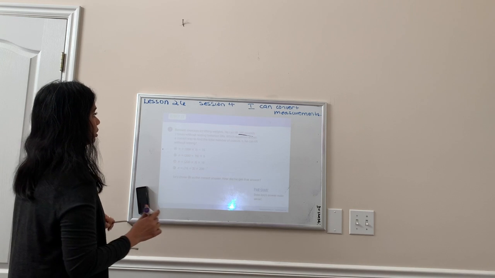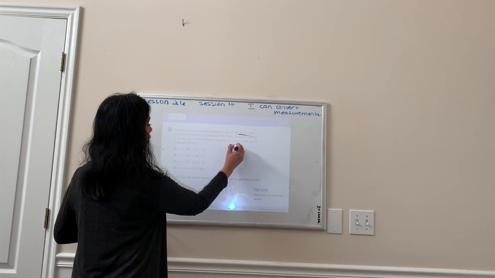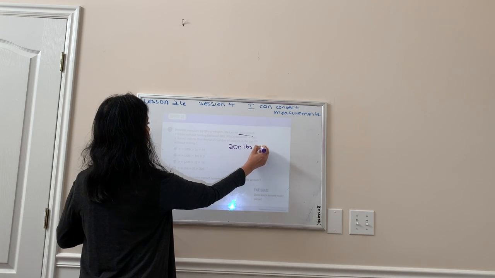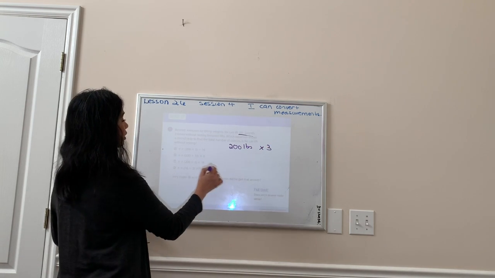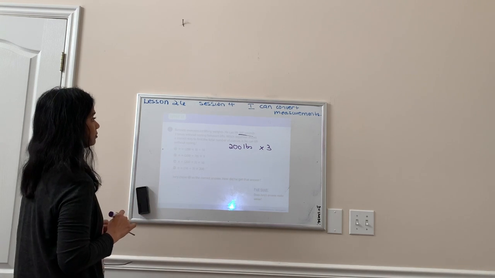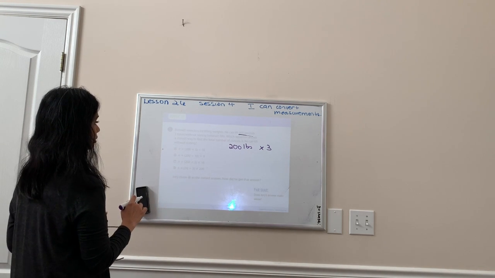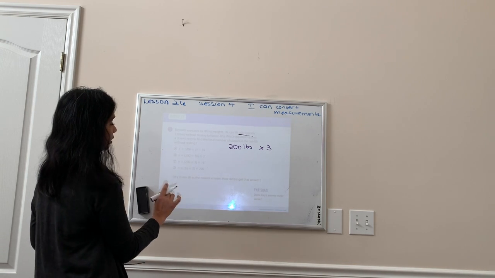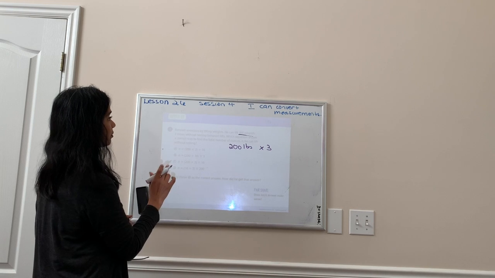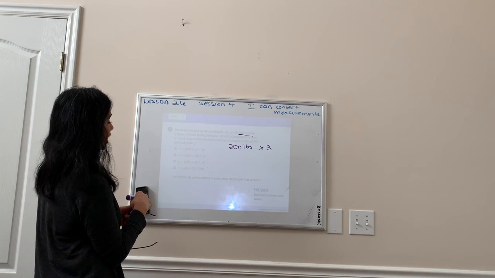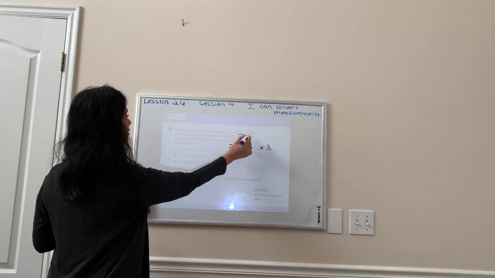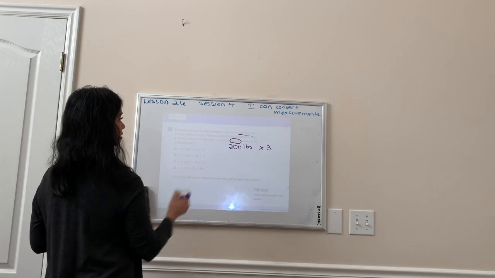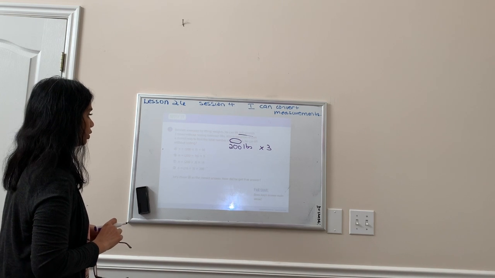Okay, so he can lift 200 pounds 3 times, right, without resting. Let's see, shall we do 200 pounds times 3, so we know that that's the one that we're looking for, right? And then we have to look at, this gives us pounds, but it wants us to find ounces, right? So that's the other part of the equation.